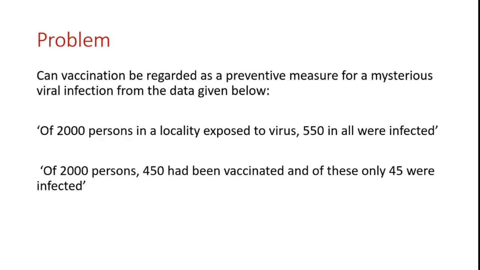So we'll try to relate it in a dichotomous classification. 2000 persons, people in a locality, got exposed to a mysterious virus or a new viral strain, and 550 of them got infected, right? But out of 2000 persons, 450 had been vaccinated, and of these only 45 were infected.